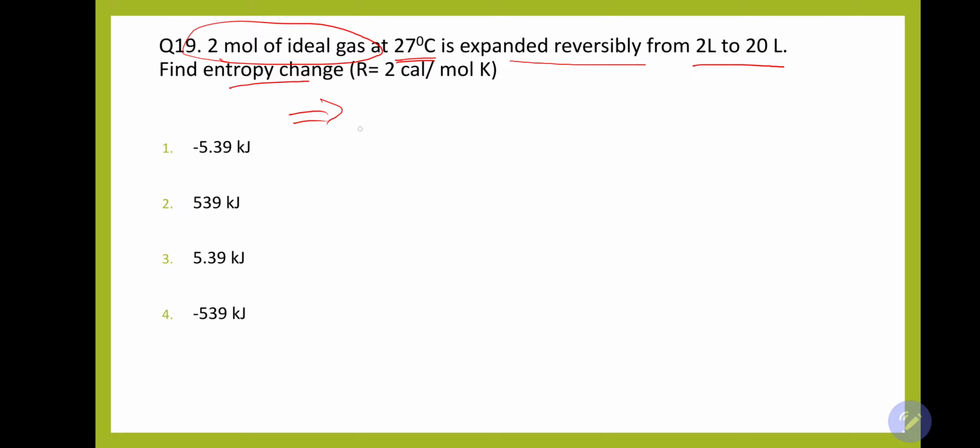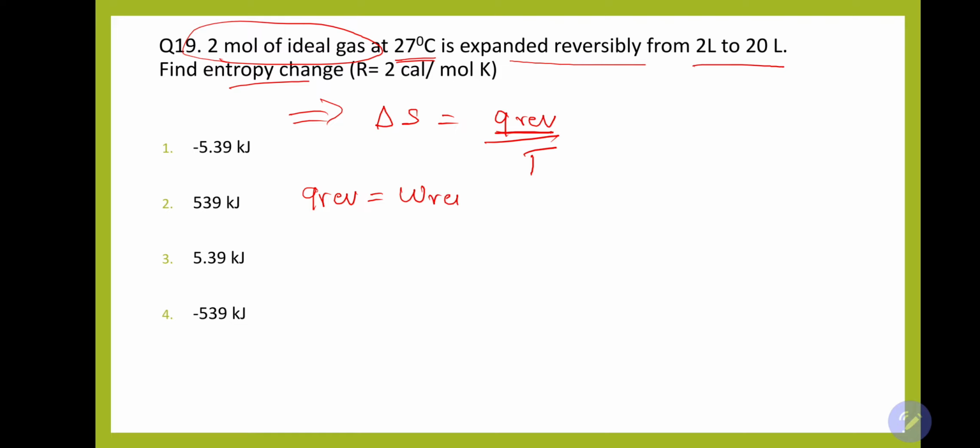Here we know the formula of entropy, that is delta S is equal to Q rev upon temperature. Here we have just been given 2 mole of gas, temperature, and the volume change. So the heat applied will be nothing but the work done, or the heat used up will be the work done.